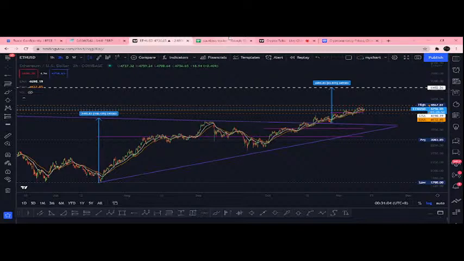So yun. Ako kasi, more or less, nakakatulog ako ng 8 hours. Dati kasi, I was so stressed in trading when I started trading futures, because normally I'd see a liquidation price just close to my entry price, just a few dollars away. But now, I can sleep more than 8 hours, actually.